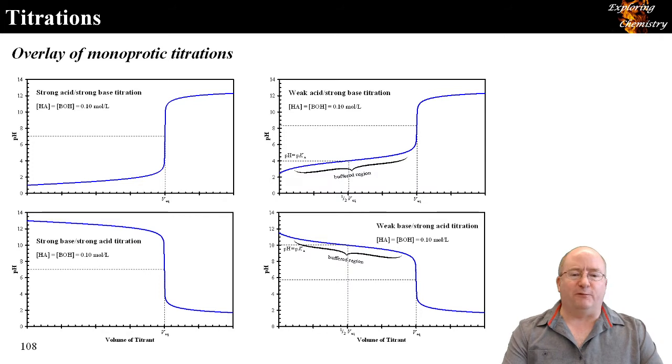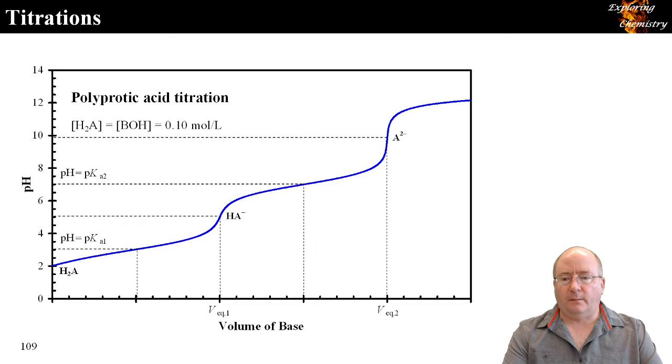The idea of a buffered region before the equivalence point, and in a weak acid base titration, the product of the analyte after the equivalence point is ultimately also a weak base or acid, and so it affects the pH, whereas in a strong system the pH is 7 because the conjugate doesn't have any basic or acidic properties. We looked at polyprotic titrations and how that would be very difficult to do with an indicator.